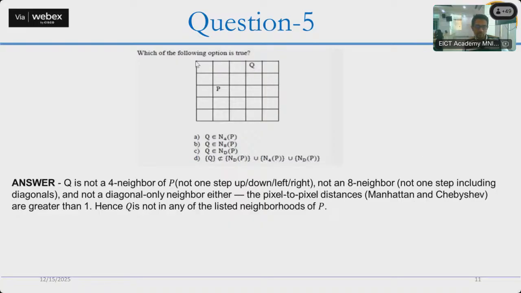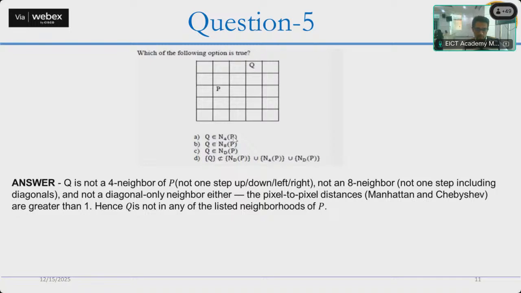Now we come to another question: which of the following options is true? For example, P pixel is at that position, Q pixel is at that position. What it is saying is whether Q is part of the 4-point neighborhood of P, or whether Q is part of the 8-point neighborhood of P. What does this symbol show? It basically means belongs to.